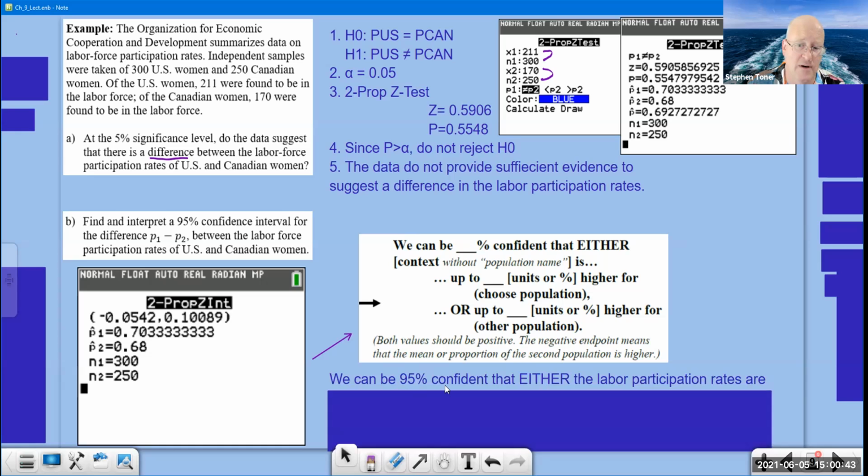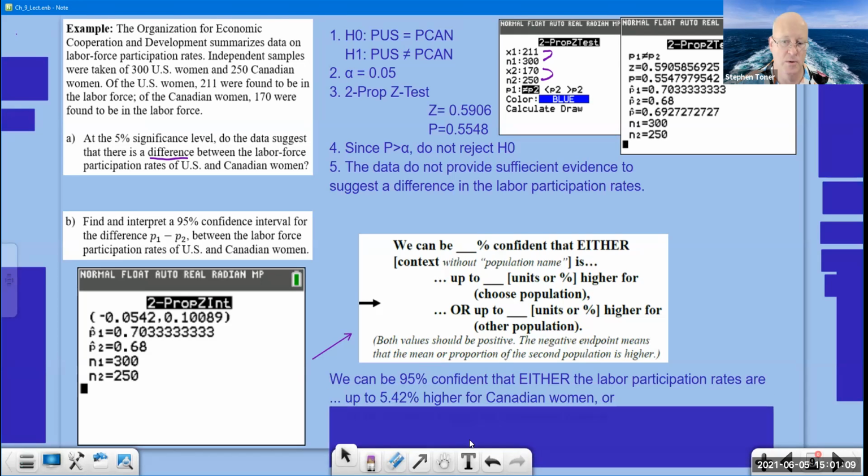We can be 95% confident that either, now what is my context? The labor participation rates. Now it says without the population names. I'm not mentioning the labor participation rates of the US and Canada, just the labor participation rates. Are, that's a form of the verb is or to be. Are, and then I've got these 2 options, either up to, and I took my first decimal number, I took off the negative, I made it positive.